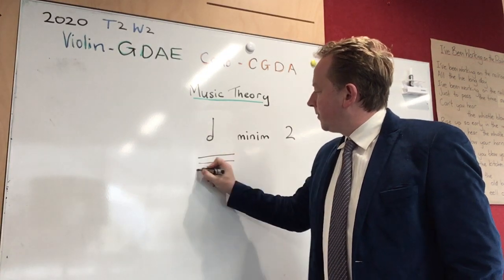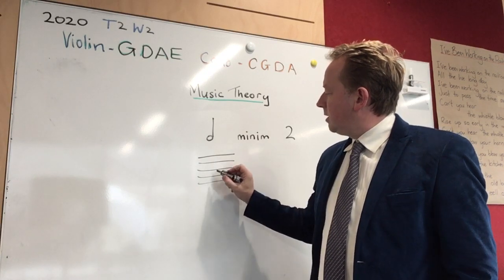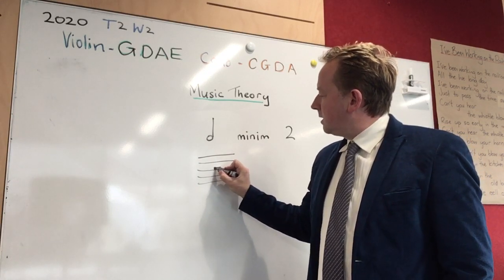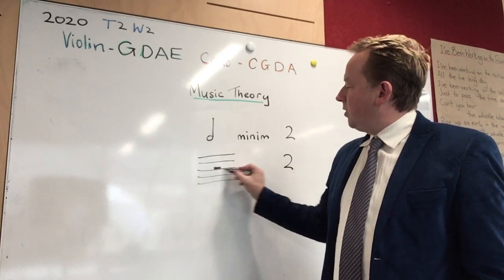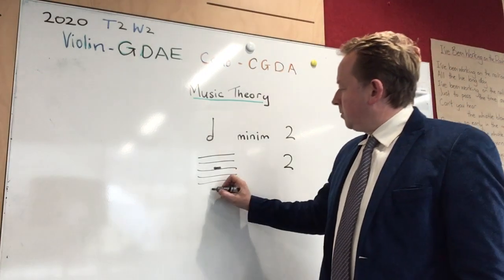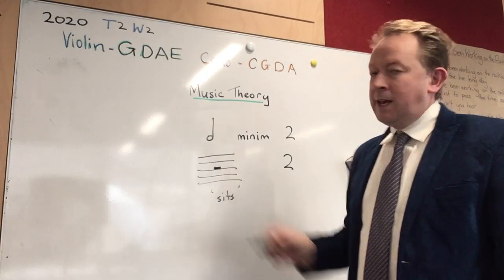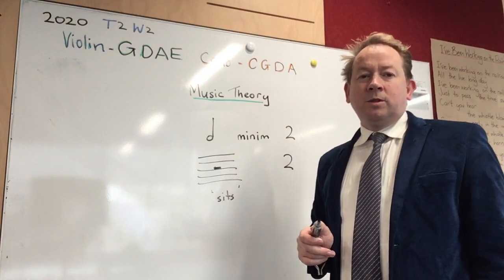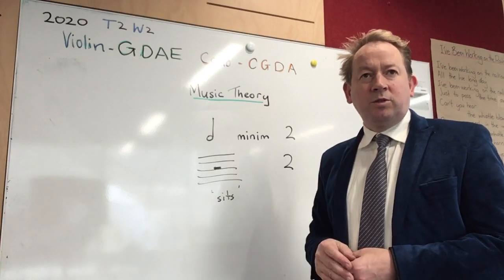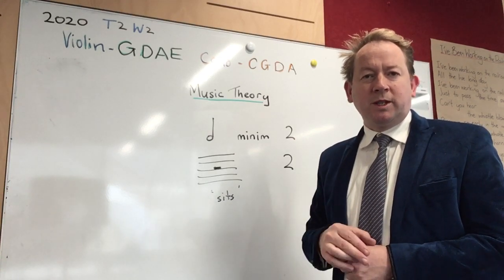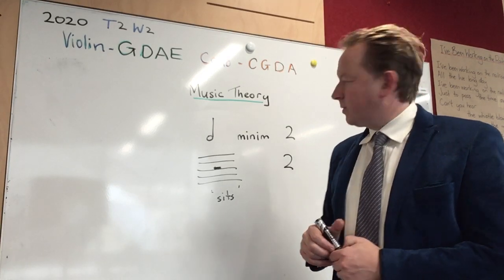Now, on the stave, which is the 5 lines of music, the minim rest sits on the 3rd line. So I'm just going to write here: sits. If you see that, you know to count 2 rests because it's worth 2. Well, it's 1 rest, but it's worth 2 beats. So it's slightly different from a crotchet rest.